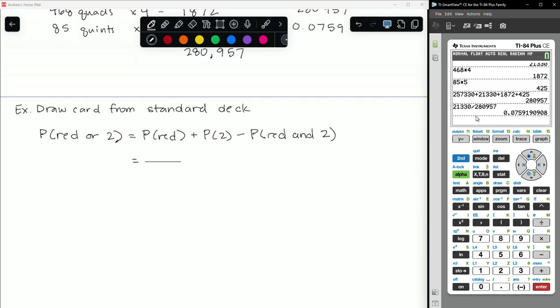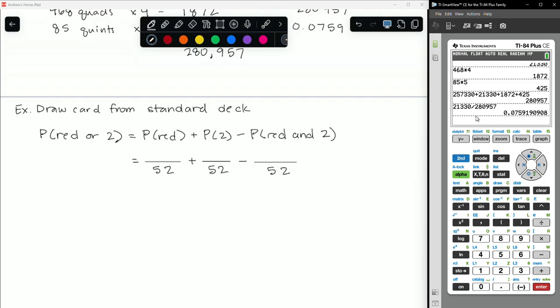So this time I'm going to do the addition for the 2 individual outcomes, and then I'm going to subtract off their double count, the outcomes that were in both. In all cases, I'm drawing from a deck of 52 cards, so I know my denominator for all of those fractions is 52.